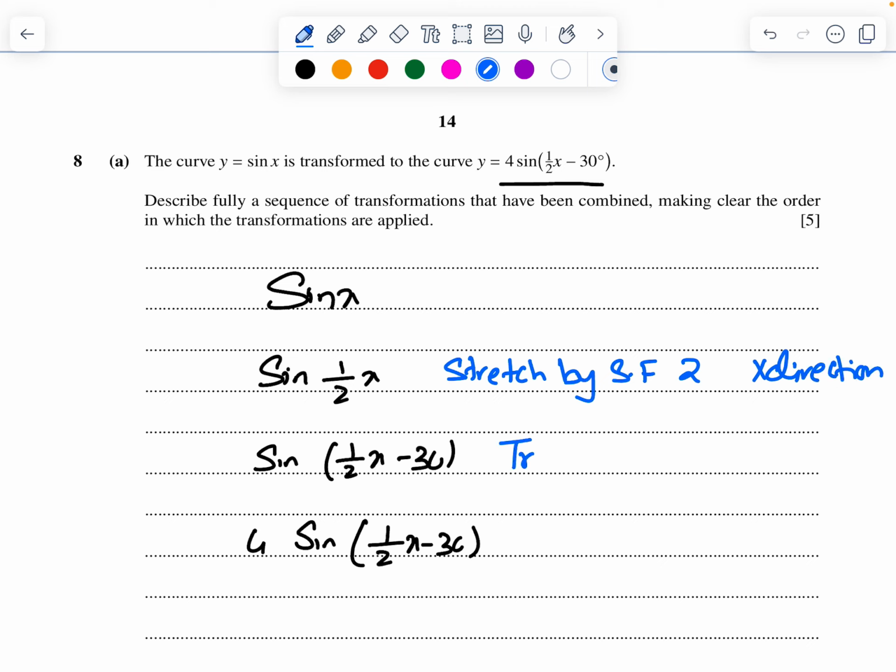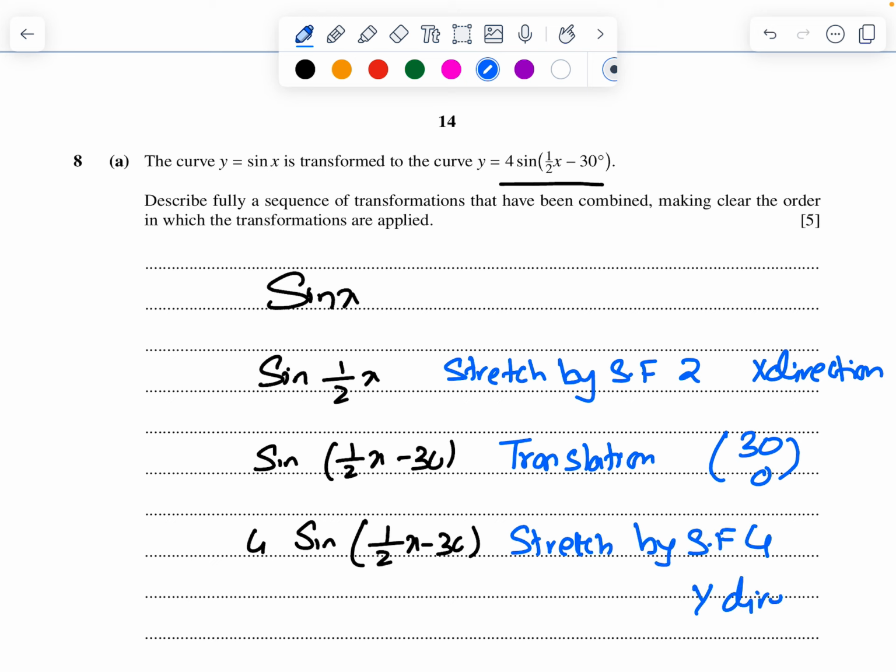This is called a translation by (30, 0). This is called again a stretch by scale factor 4 in the y direction. Outside the number is y direction. Inside the number is x direction.